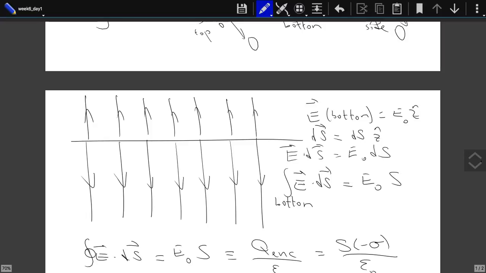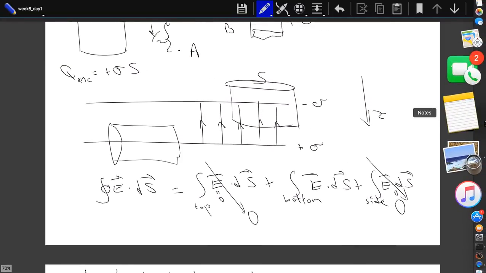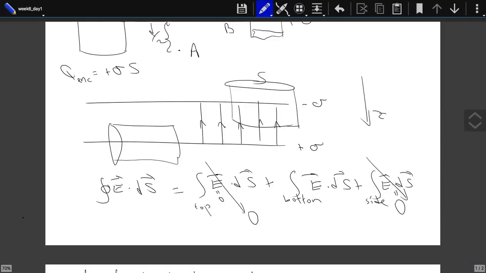And that would give me the total integral to be E0 times 2s, because I have the electric field at the top, and also at the bottom. In this question, I don't have an electric field at the top. So this term does not contribute. So this is why it is important that you first understand your electric field before trying to apply the Gauss law.